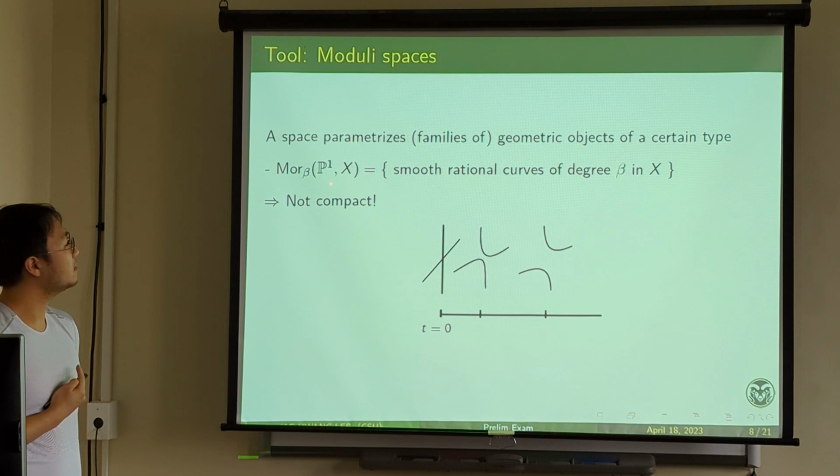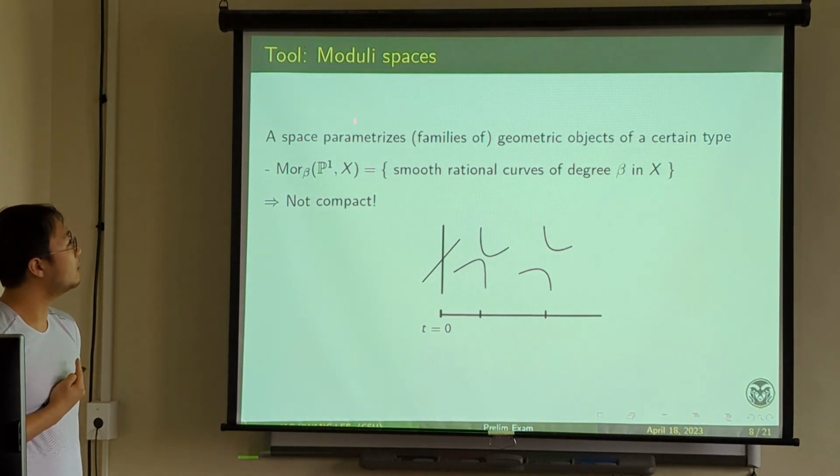And then we're going to think that there are no common factors, so that it becomes an actual map of degree beta, and then that becomes a smooth rational curve of degree beta in X. But the problem is, if I collect these objects, they are not compact.